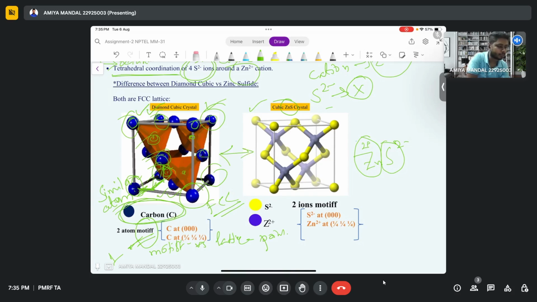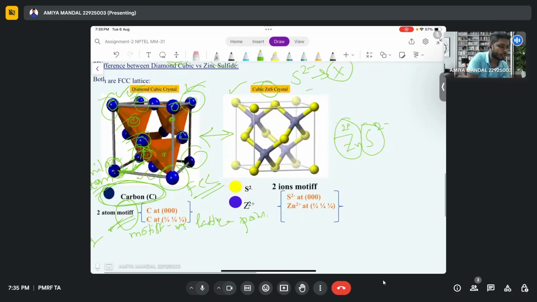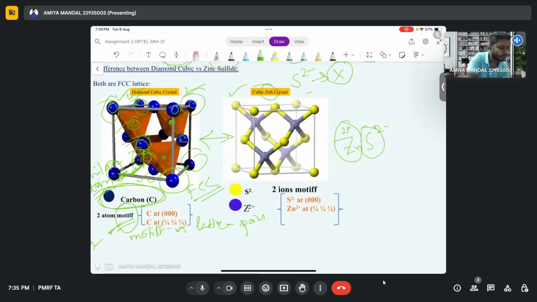In the ZnS crystal structure, the only difference is that here a zinc ion is placed, the Zn2+ ion, at the tetrahedral position.